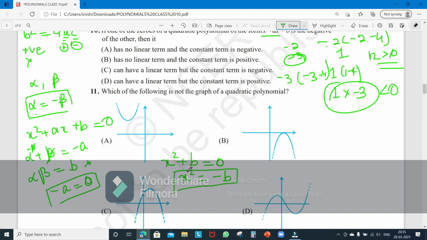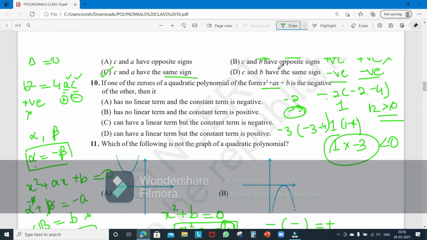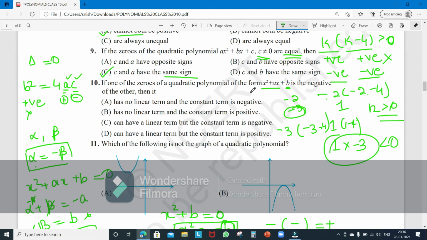Now x square is always positive, so minus b should also become positive. When is that possible? When b is negative, because negative into negative will give you positive. So assuming b is negative, you will get this side also positive. So b, which is the constant term. What is the constant term? This last part is the constant term.